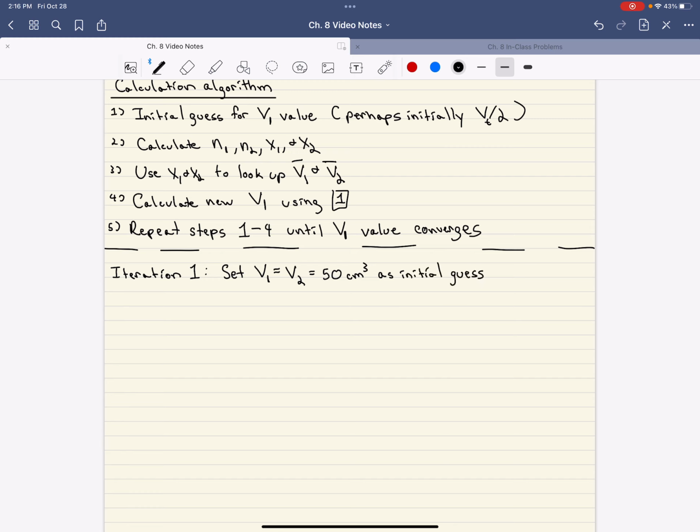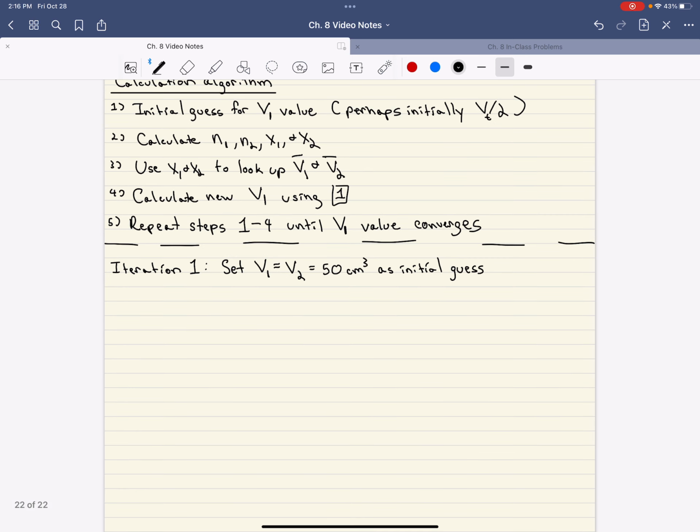All right. Okay, so if our initial guess of V1 is 50 centimeters cubed, N1 is going to be V1 divided by V1 squiggly. So it's 50 centimeters cubed divided by 18 centimeters cubed per mole, 2.78 mole. All right?